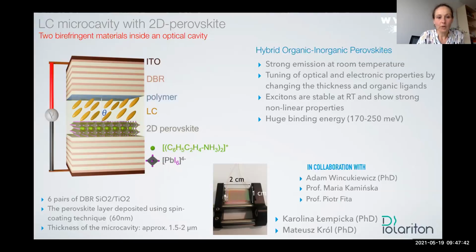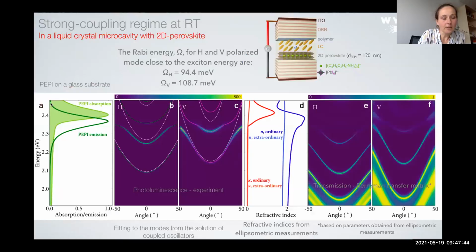What we observed is this: this is the typical absorption and emission spectrum from our perovskite. You see the regime where the absorption and emission overlap. These are the excitons that will couple to the photonic mode the most efficiently, because both absorption and emission processes are possible.